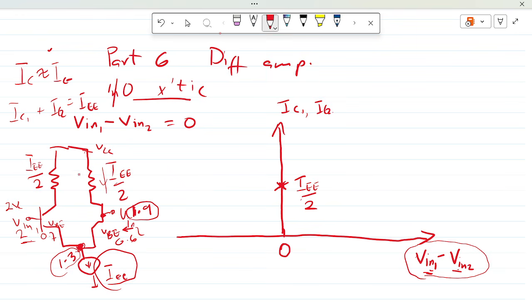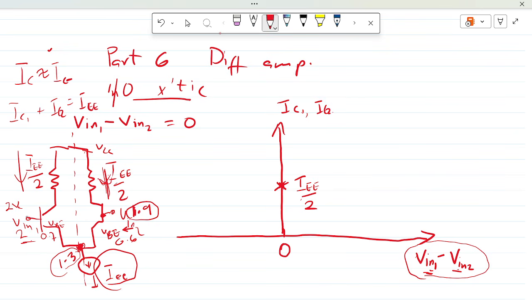So in this case, the circuit is not going to be symmetrical. There will be more current here compared to the current here, but this will not completely go off. So that's what we want to analyze using the output-input characteristics and see that clearly.